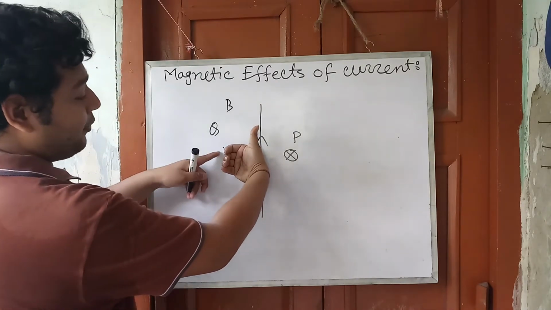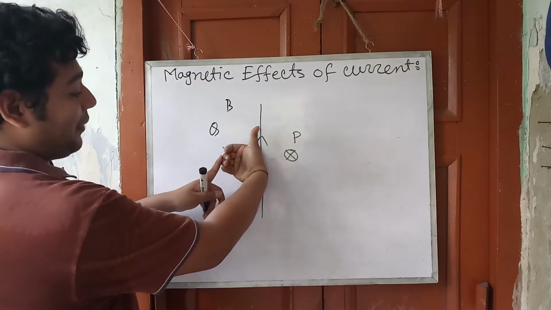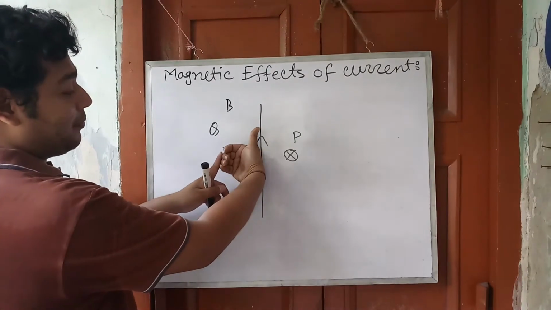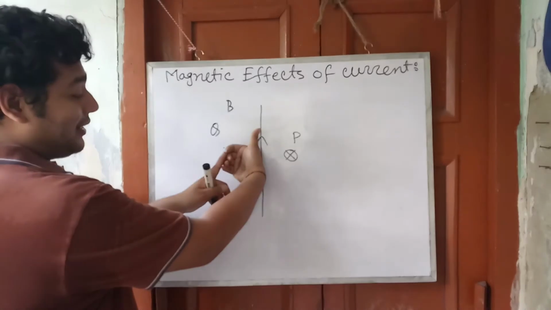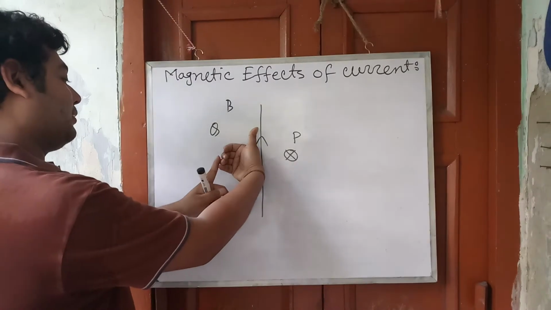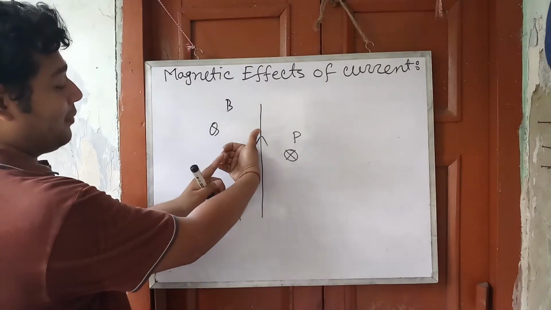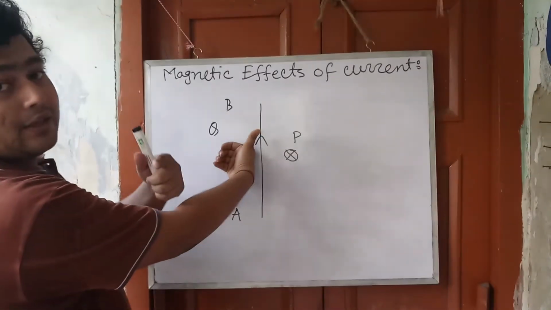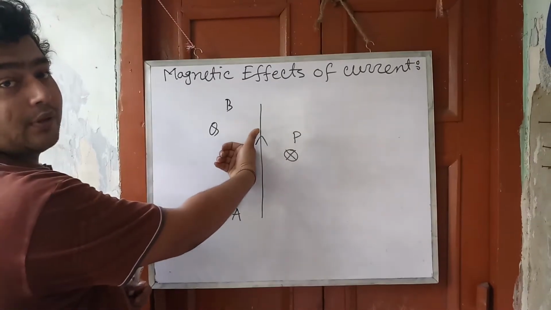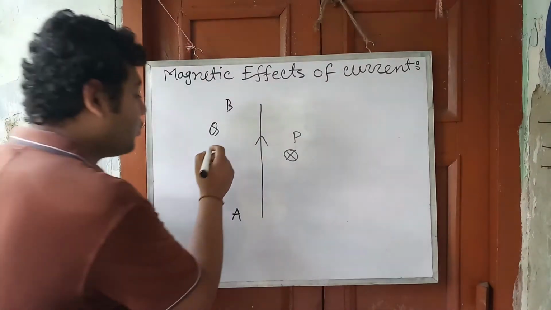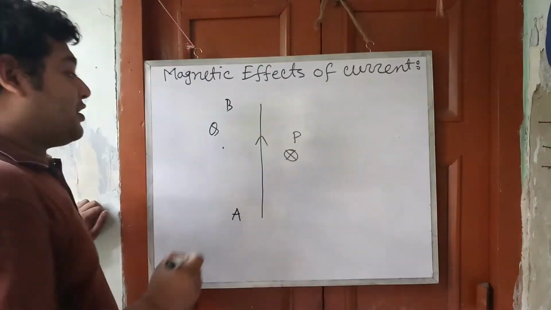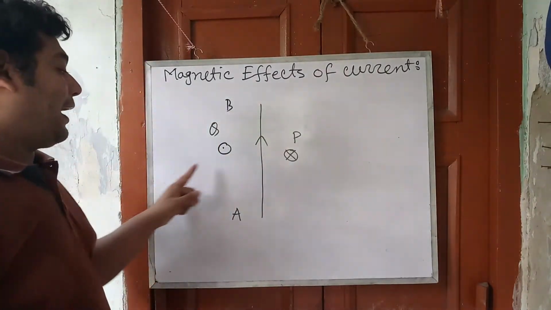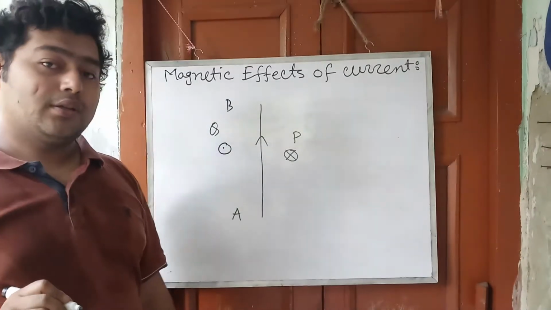Then for this point, the direction of the magnetic field is outside the board. For outside of the board, we denote this direction as a dot.